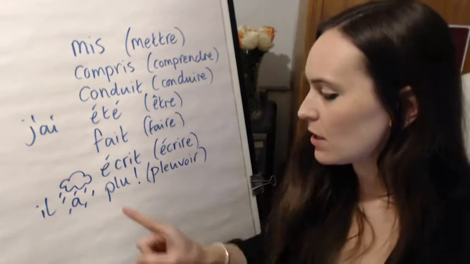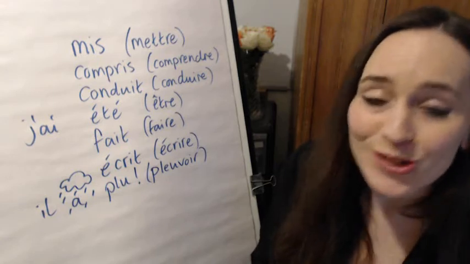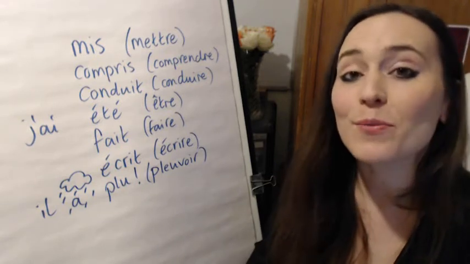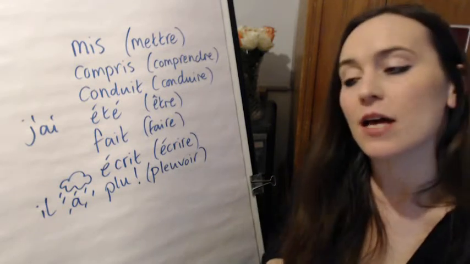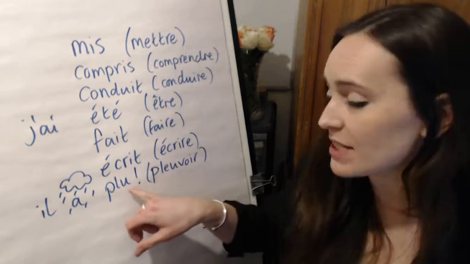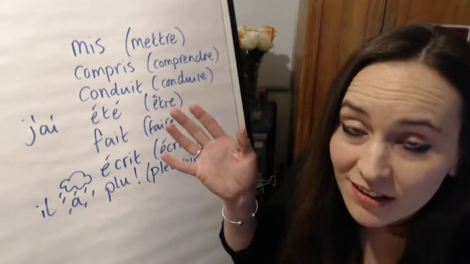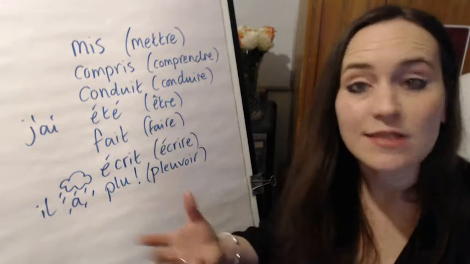Worth mentioning that the past participle plu can also be used for the verb plaire, which means to please, or se plaire, to be pleasing to someone. So don't worry if you see it in a different context and it doesn't mean rain. It might be to do with something being pleasing to someone or liking something.